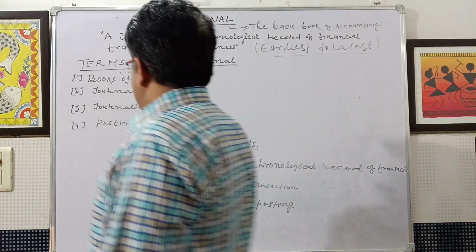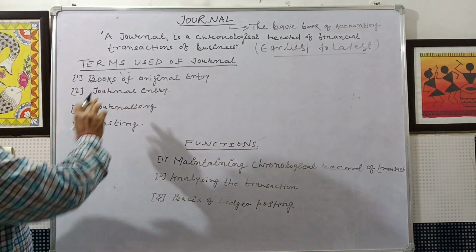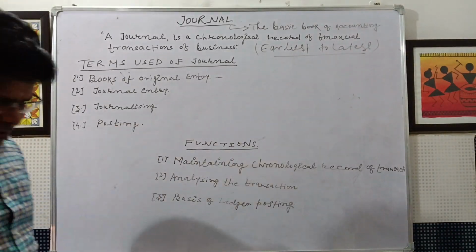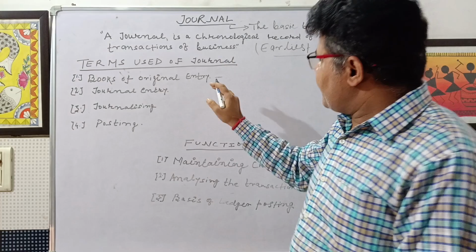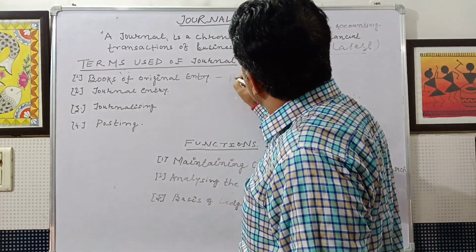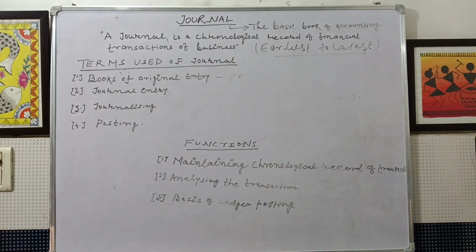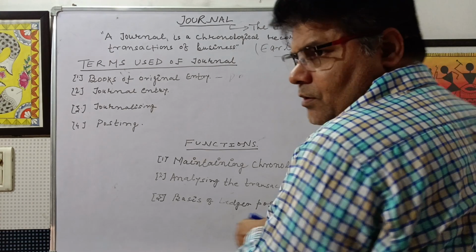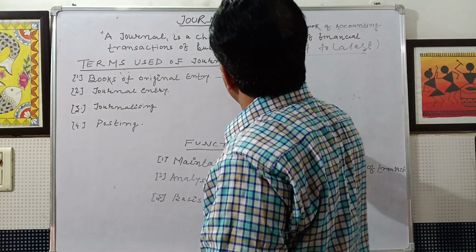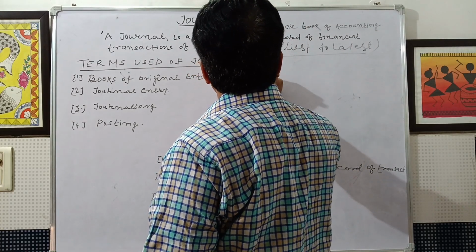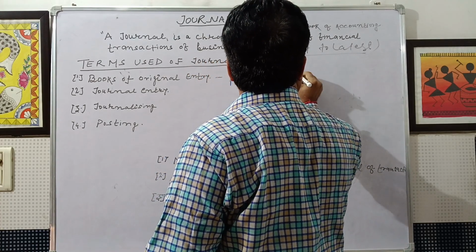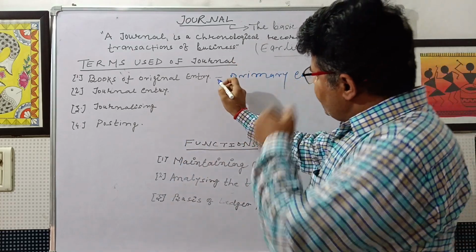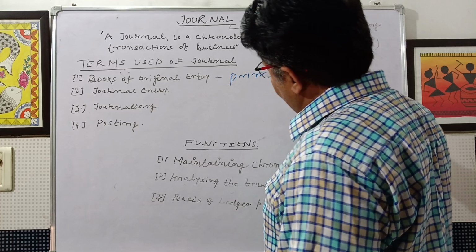The terms used of journal: first is the books of original entry. It is also called primary entry.